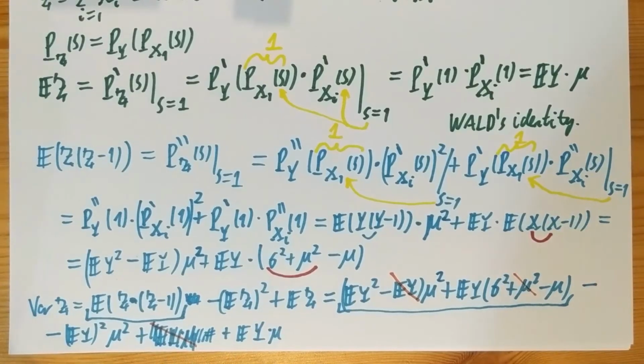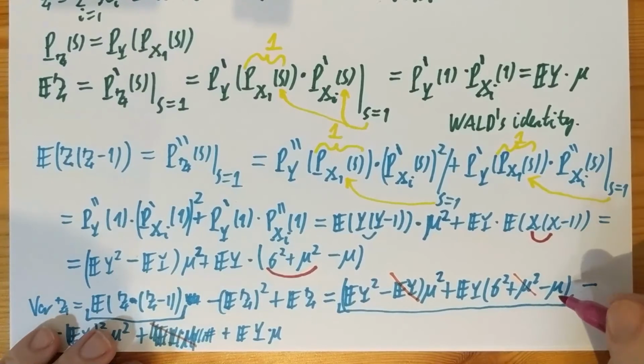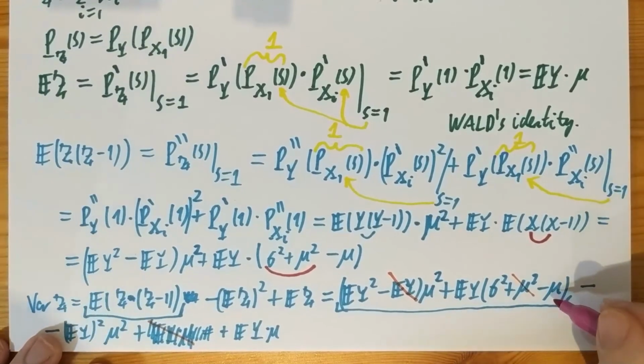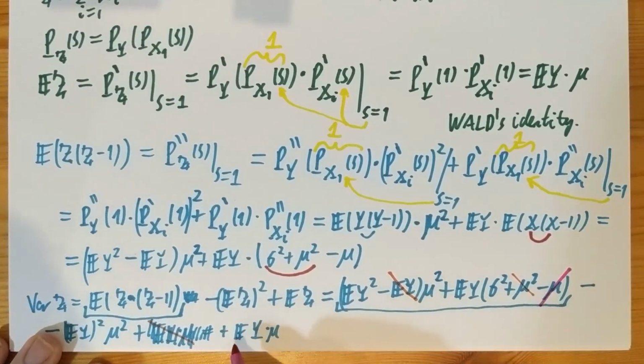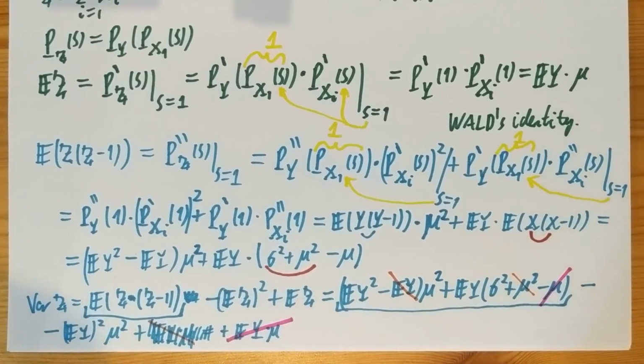And what I want to do now is carefully collect the terms I need, but in fact before I do that I realized there is one more thing I can cancel with, and that's the E of Y times mu. So I can cancel this minus E of Y mu with this plus E of Y mu.